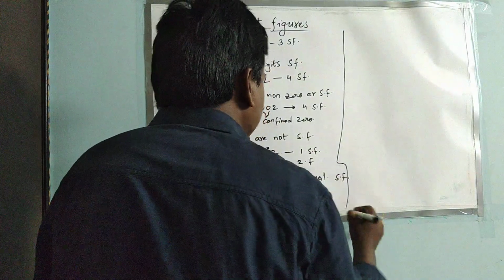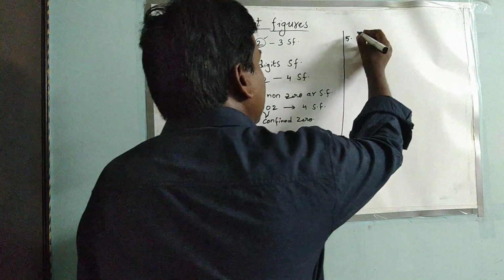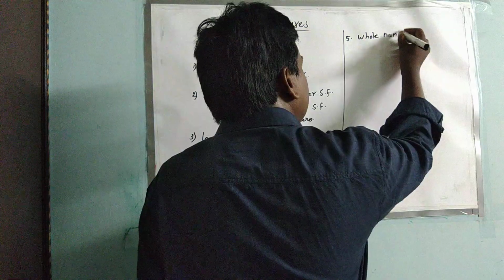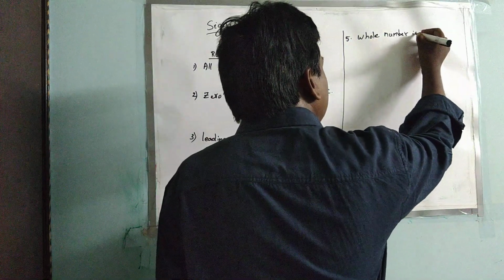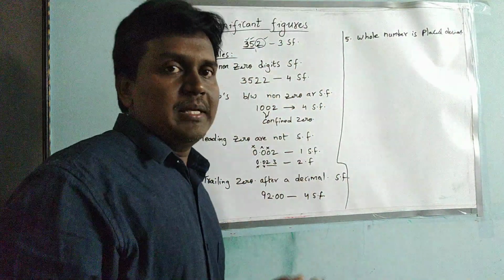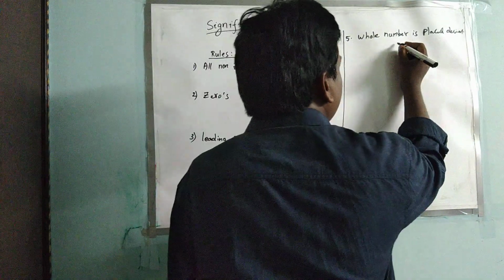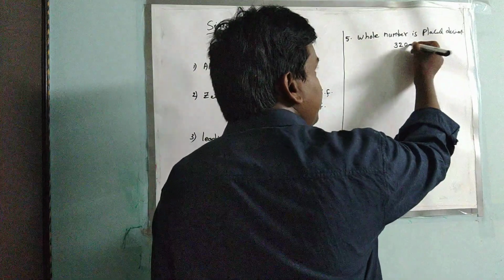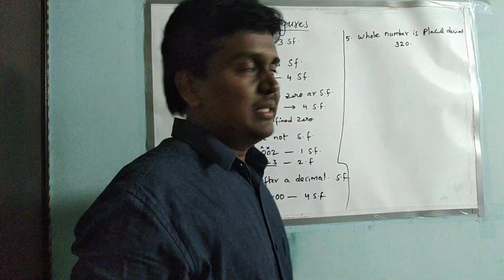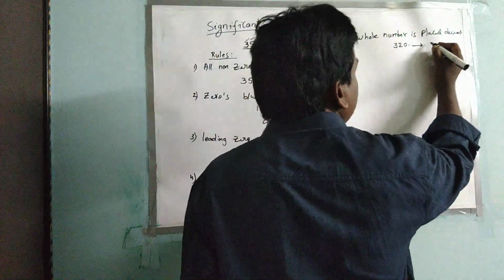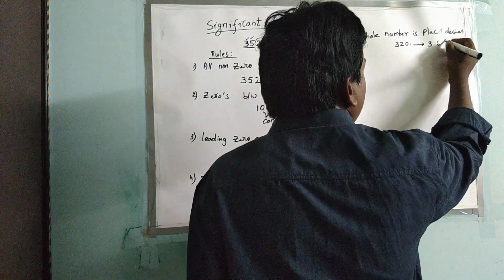And next rule, if a whole number is placed with the decimal. If you take a whole number, for example 320, and a decimal is placed after the whole number, then all 3 digits will be significant. That means 3 significant figures are there.